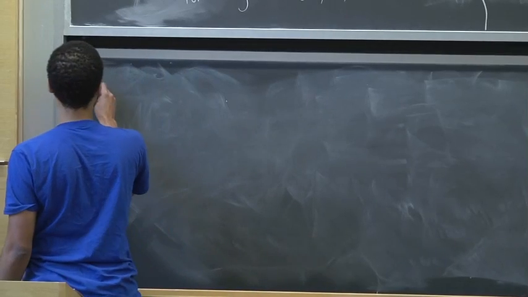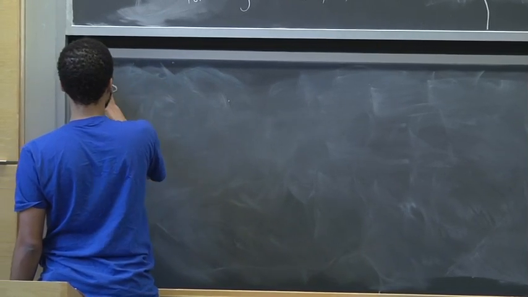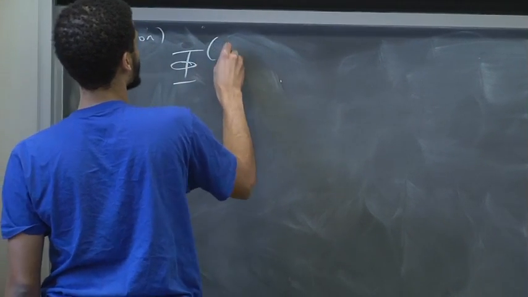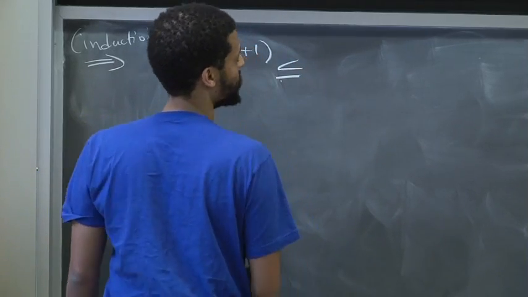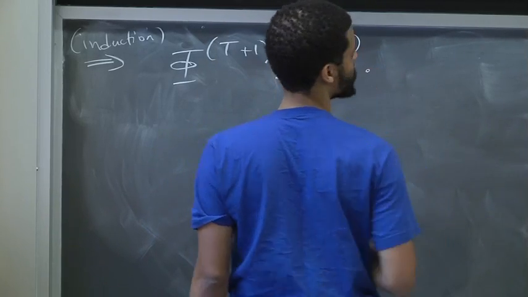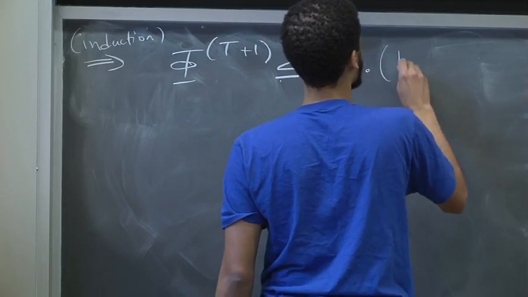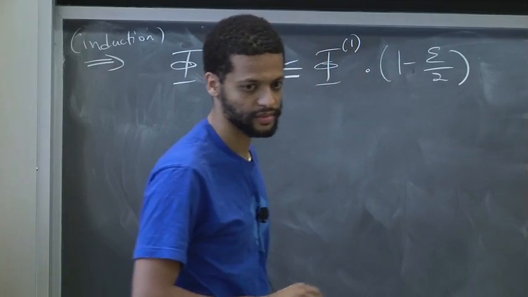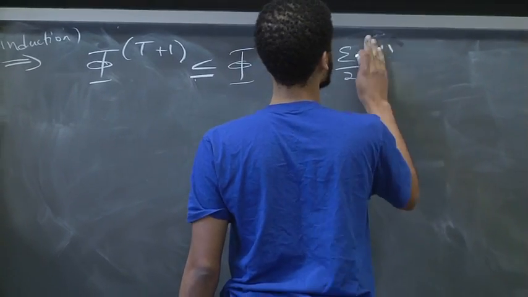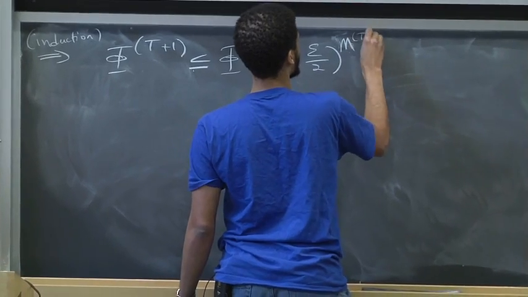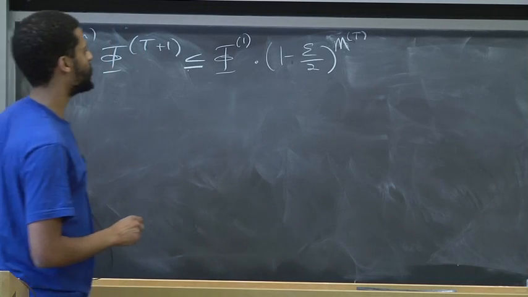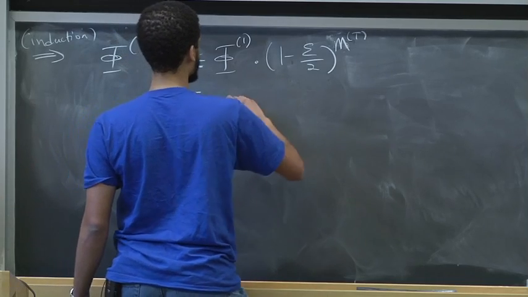This implies by induction that phi of t plus 1 is at most the original phi times 1 minus epsilon over 2 times the number of mistakes that we make by time capital T. Which is equal to, this is just n.